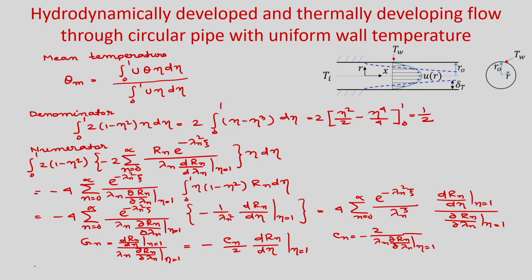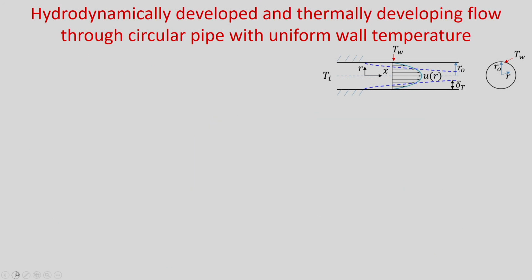Okay. So, if you put these values here, you will get the final expression for mean temperature theta m in terms of g n as 8 summation n equal to 0 to infinity g n e to the power minus lambda n square xi divided by lambda n square.